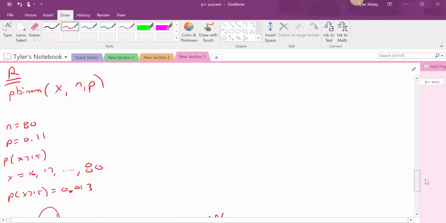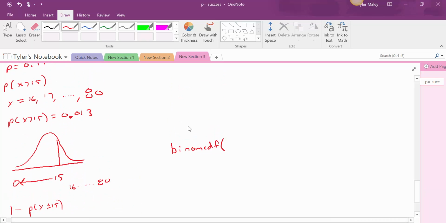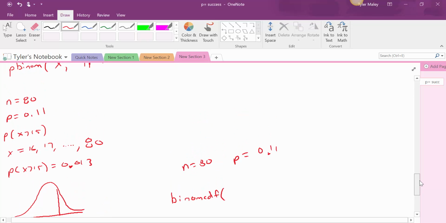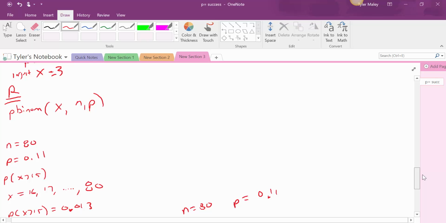N is 80. Let me rewrite my notes here. So n is 80. P was 0.11, 11%, I believe. Yes.